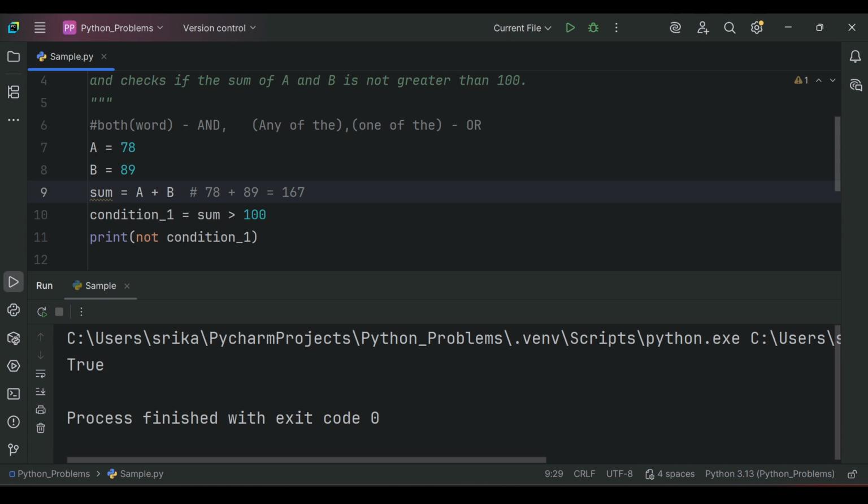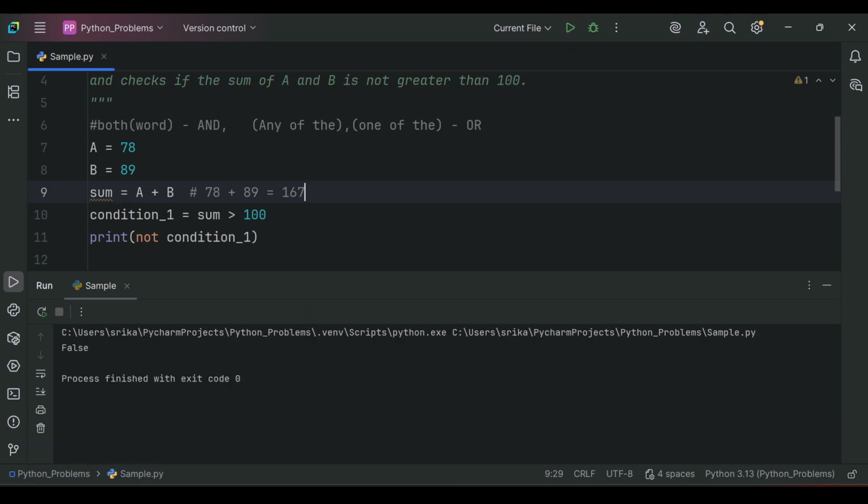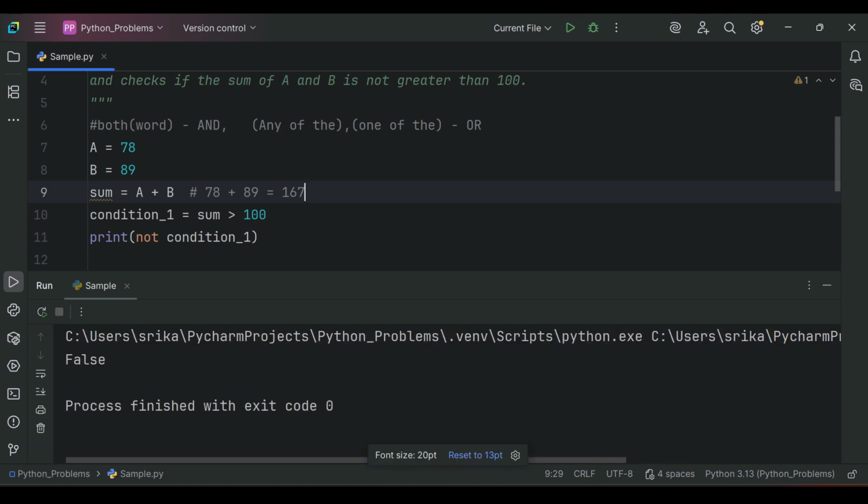The checked condition is true, but the output will be printed false. See here, the output will be printed false. Why? Because 167 is greater than 100.